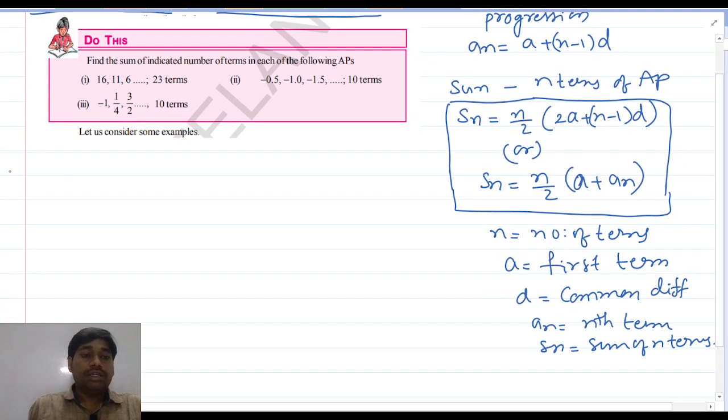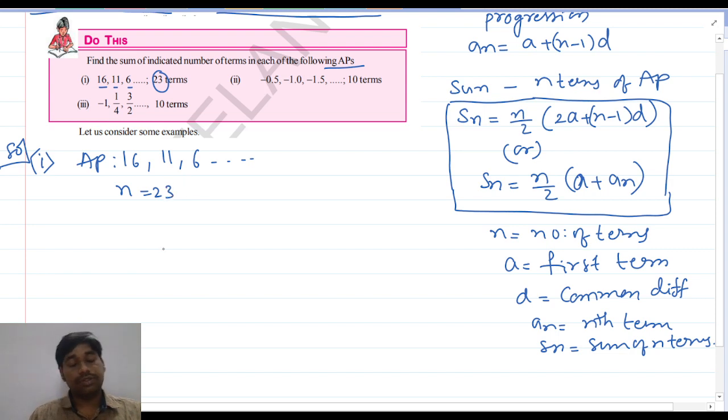Okay, my dear students, first do this question. Find the sum of the indicated number of terms of each of the following APs. The AP is 16, 11, 6 and so on, and we have to calculate the sum of 23 terms.